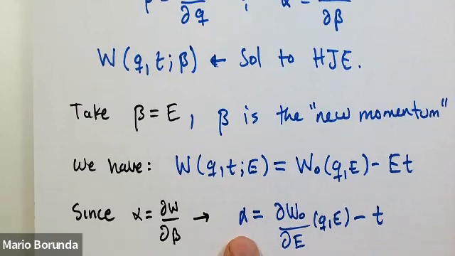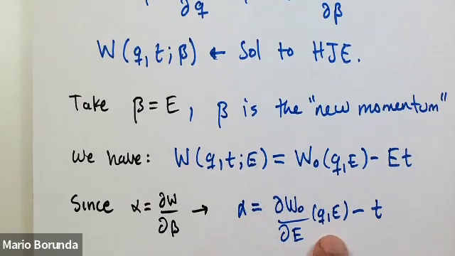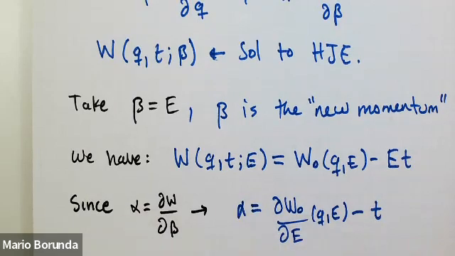And with this alpha, I have T naught, the initial time. And this alpha is parameterizing the trajectories that I have in this one-dimensional system in terms of the energy and what is my initial time.